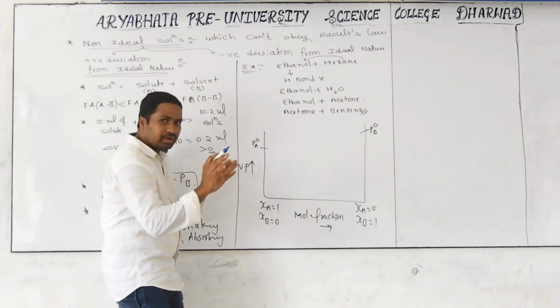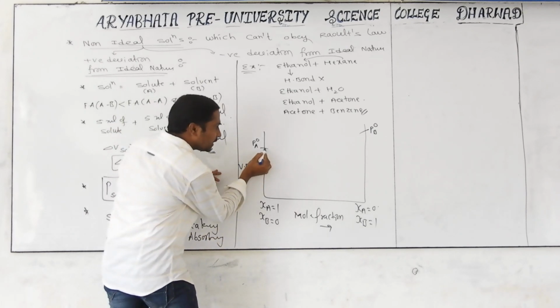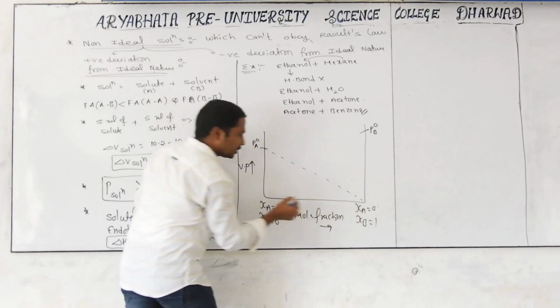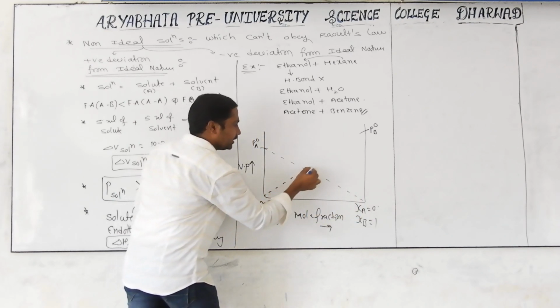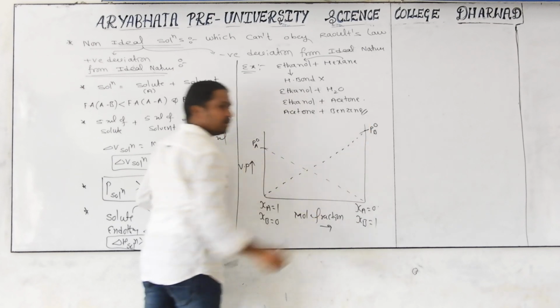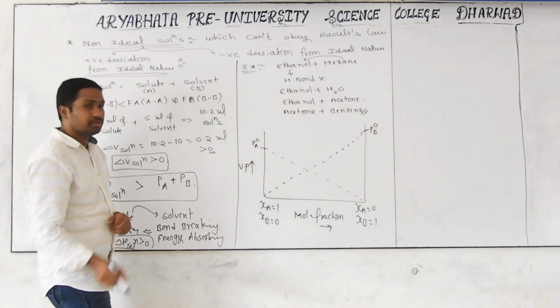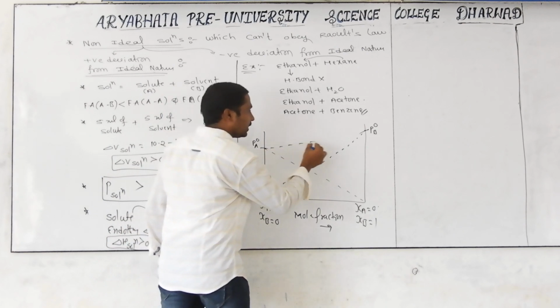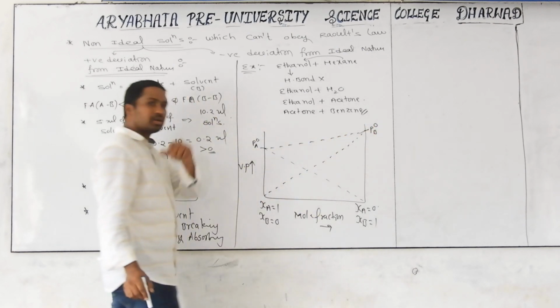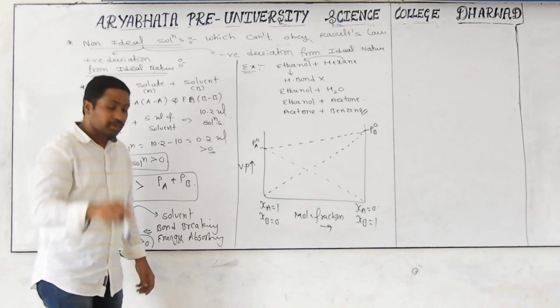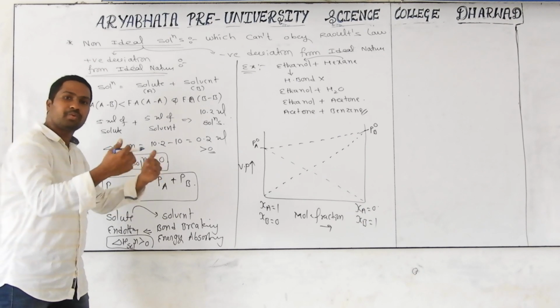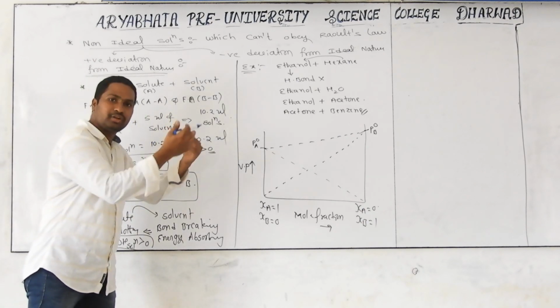Generally, if it is an ideal solution, this line has to become a straight line. Is it ideal? No. It's a non-ideal solution, but with positive deviation. If it were ideal, the line would be like this, but it is not coming like this. Compared to our expectation, we are getting some extra values, all greater than 0.